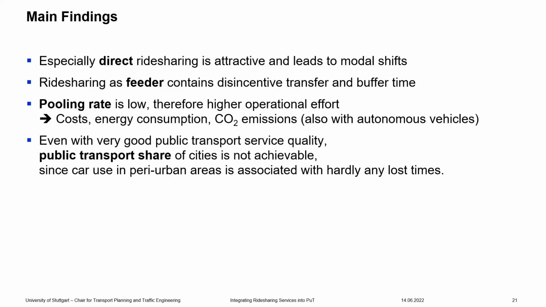So even with a very good public transport service quality, we do not reach the public transport share of cities. And that is mainly because the car use in those peri-urban areas is associated with hardly any lost times because we do not have any congestion there.